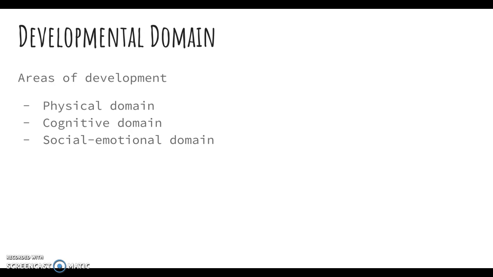The domains are the physical domain, cognitive domain, and social-emotional domain. Depending on someone's field of study, they might expand on these domains. What I'm providing to you here are the overarching areas, which are physical, cognitive, and social-emotional.